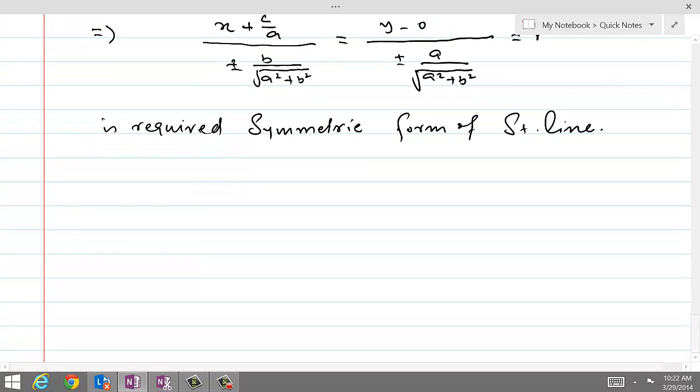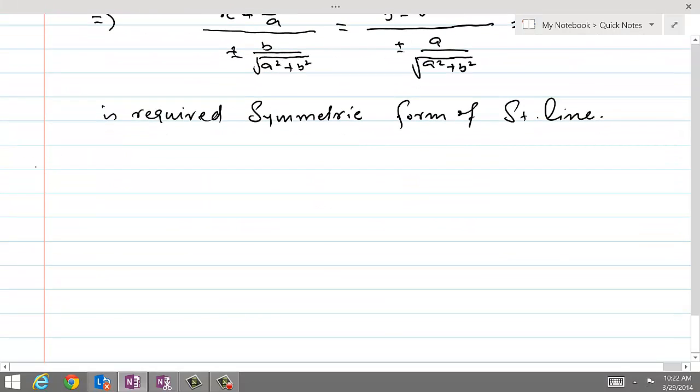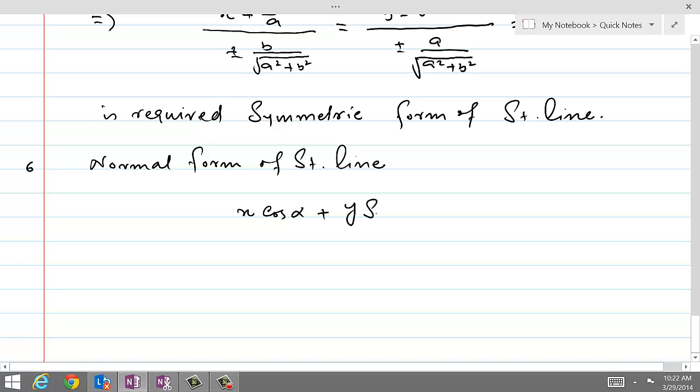And now we are going to derive this, this was number 5, and now number 6. Number 6 would be the normal form of straight line. The normal form of the straight line is x cos alpha plus y sine alpha equal to p, where p is the perpendicular distance of the line.